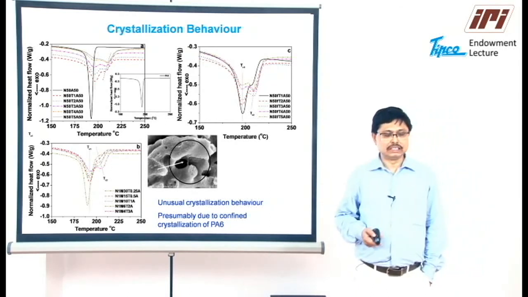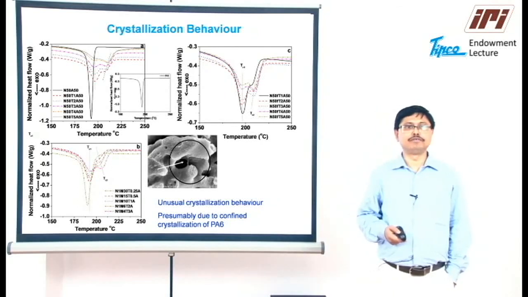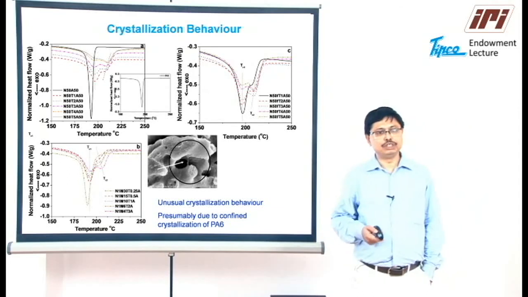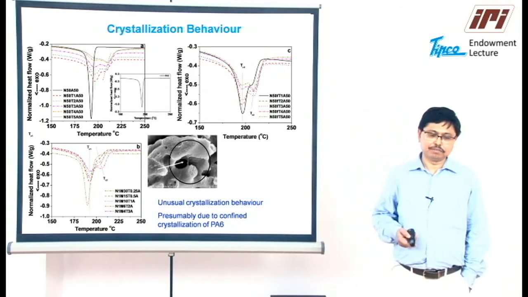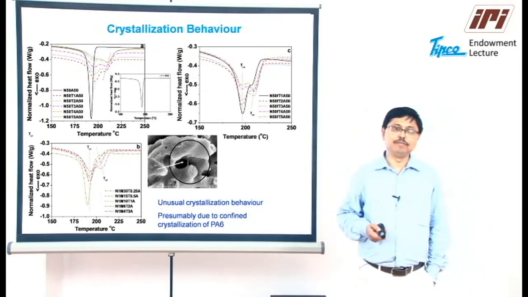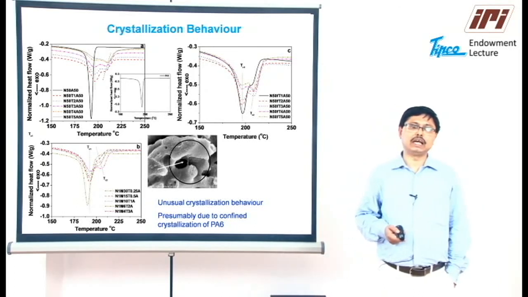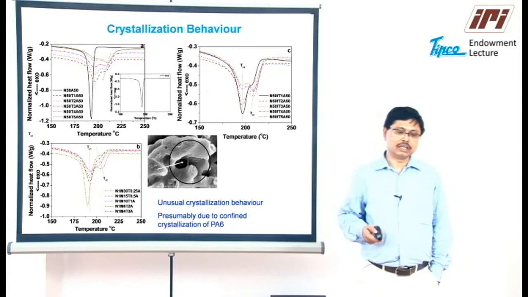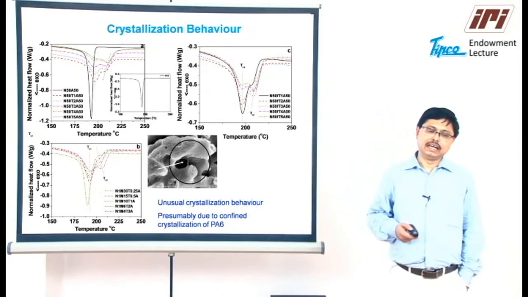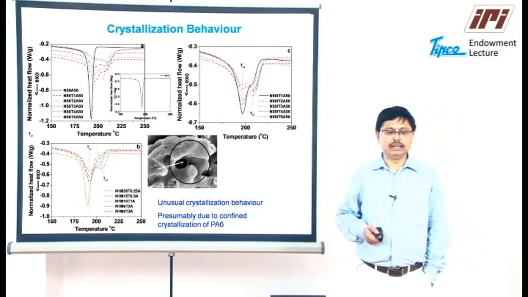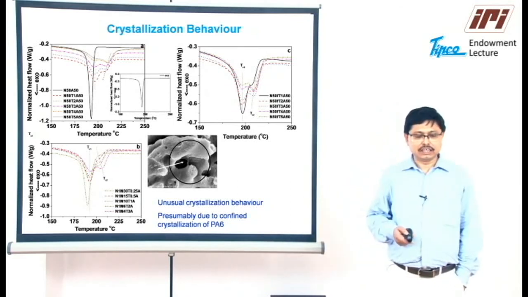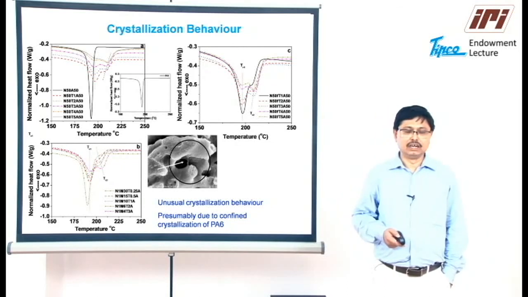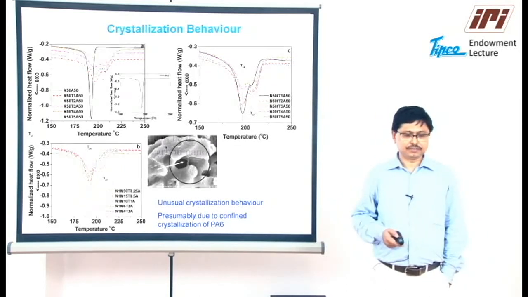One of the reasons is the confinement of the polyamide chains in a confined polymer layer between the nanotubes, as opposed to the polymer in the bulk. There is also a change in the crystalline form, and a transcrystalline lamella is also responsible for this double crystallization behavior.